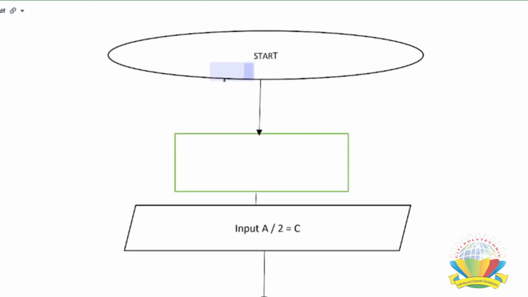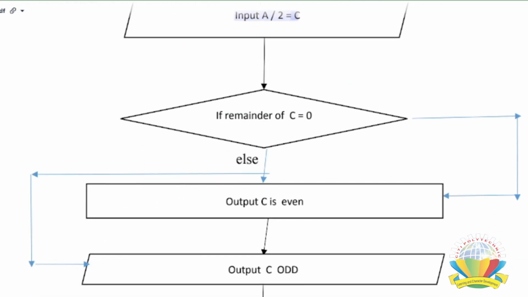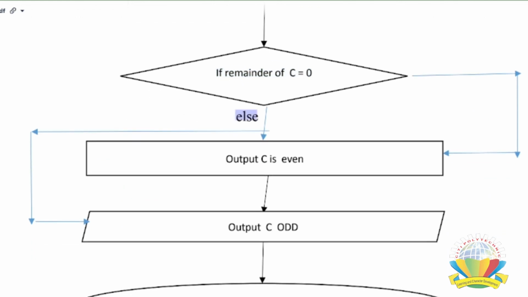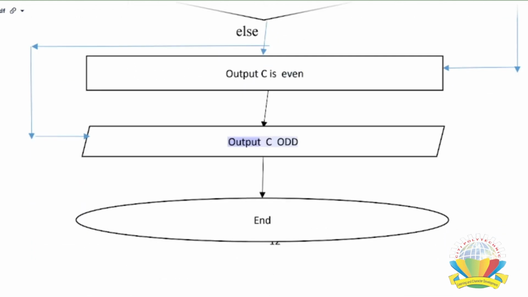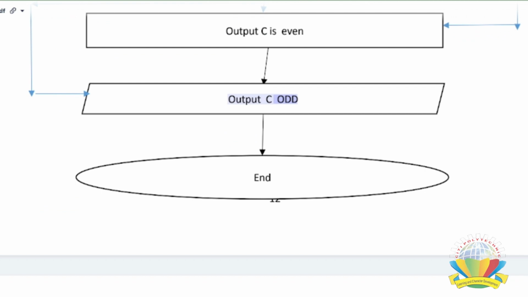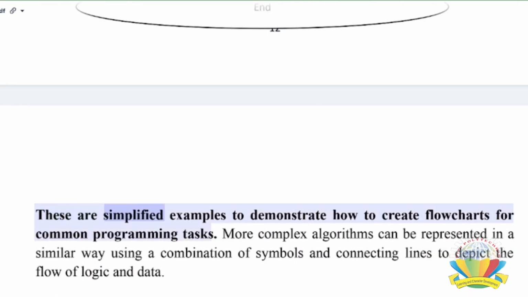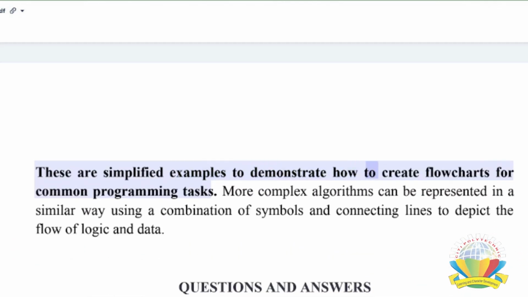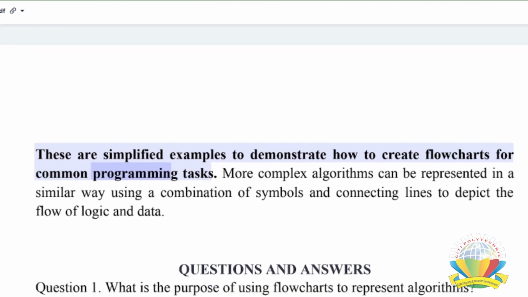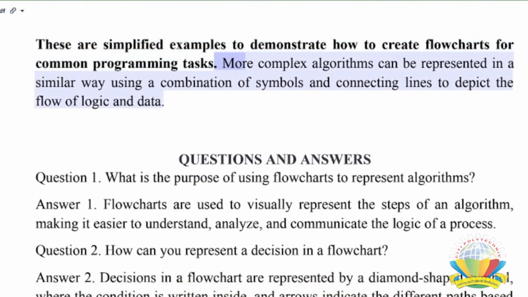Input A to C. If remainder of C divided by 2 is 0, output C is even, else output C is odd. End. These are simplified examples to demonstrate how to create flowcharts for common programming tasks. More complex algorithms can be represented in a similar way, using a combination of symbols and connecting lines to depict the flow of logic and data.